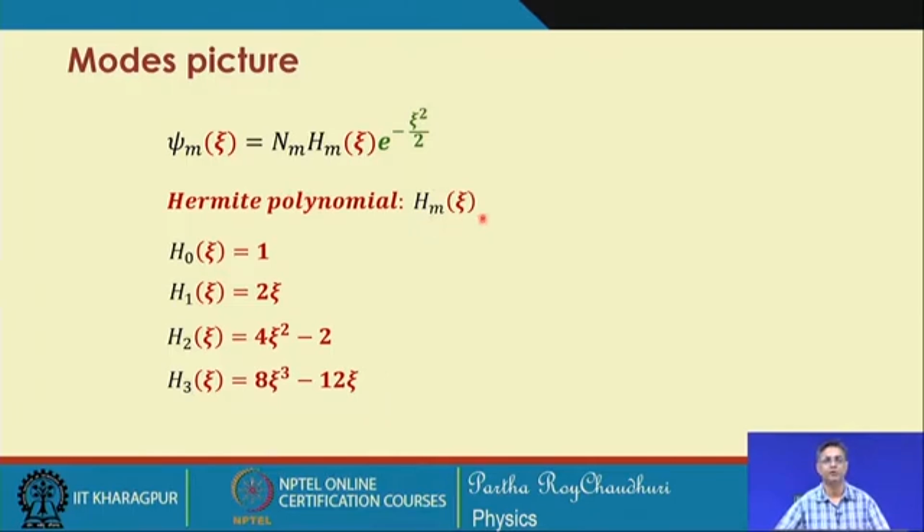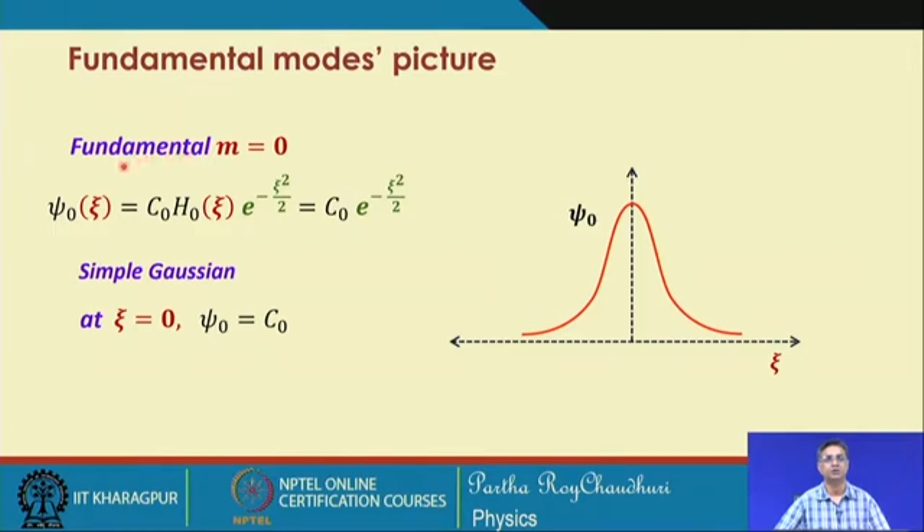Hermite polynomials we know, and these are the first few orders: H 0 equal to 1, H 1 equal to 2 xi, these are all known, H 2 equal to 4 xi square minus 2 and so on. So, this will help us to put the values of psi 0, psi 1, psi 2 etcetera, and see what the mode shapes will be. Let us see that the fundamental mode will be represented by m equal to 0.